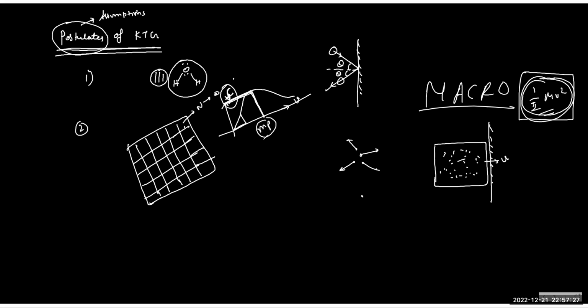To have this velocity in a given subsystem, the probability is maximum, the fraction is maximum. And so there is a term called most probable velocity. So the word most probable itself is statistical behavior, isn't it?